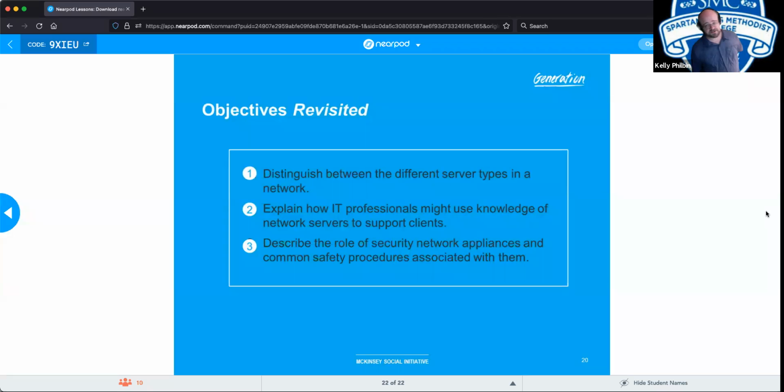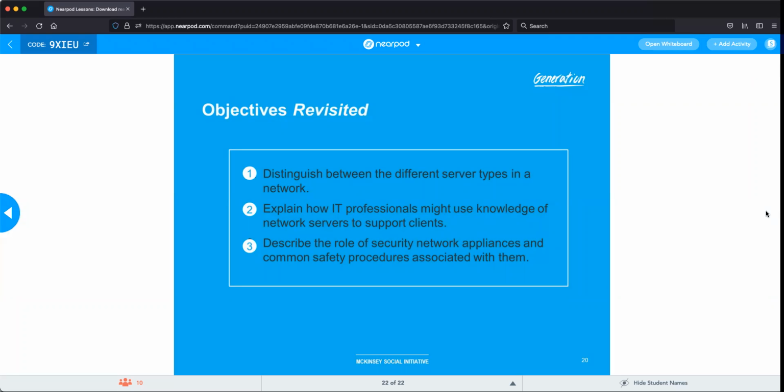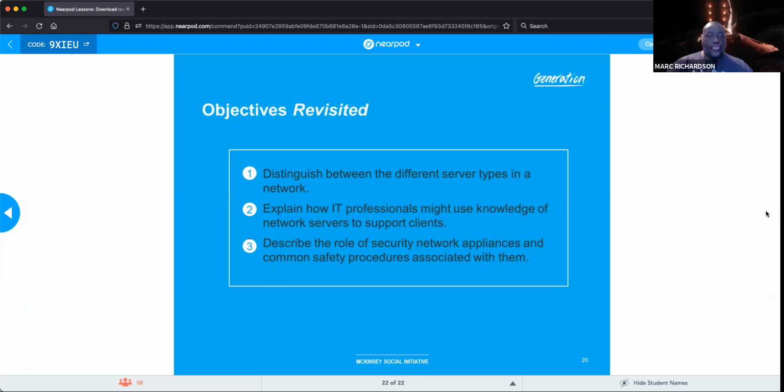Now, after this, we should be able to distinguish between the different server types in a network. What were they? There were 8 of them. Let's go ahead and rattle them off while we're here. File server. Web server.